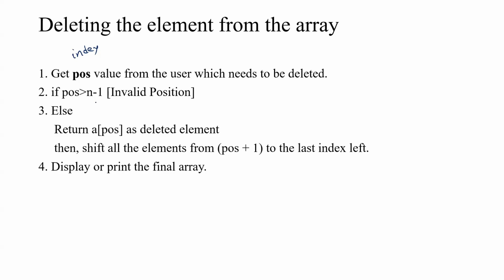Then we can say that we cannot delete the element, or we will say invalid position. Else what we will do, we will return the A of POS, means we want to return the deleted element. Before we delete it, we will say that we have deleted this element. Then what we will do, we will shift all the elements from that particular position plus 1 index to the last index to the left side.